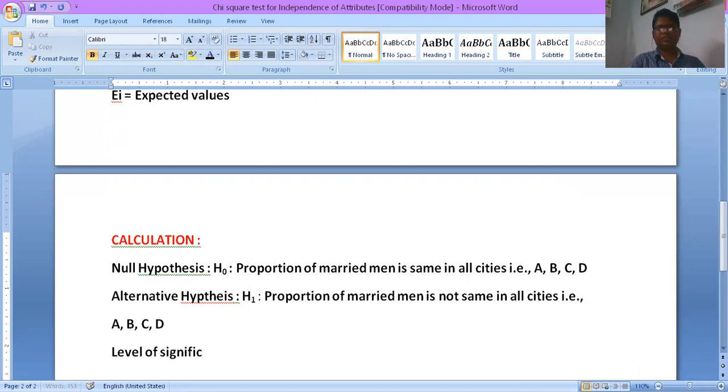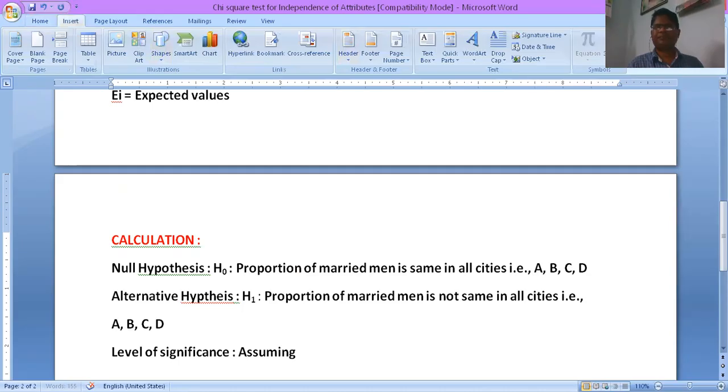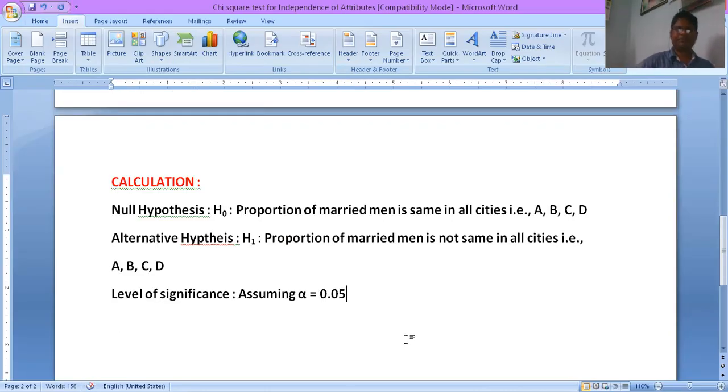Level of significance: assuming alpha is 5%.